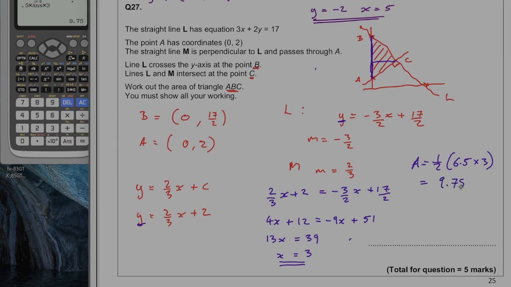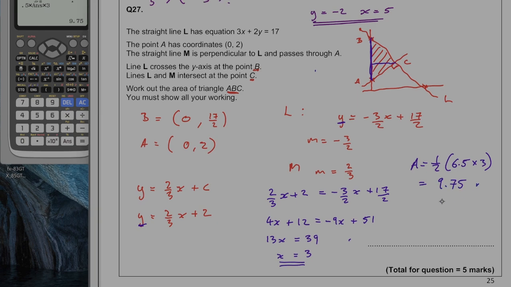We haven't got any units, so the unit is squared, units squared.